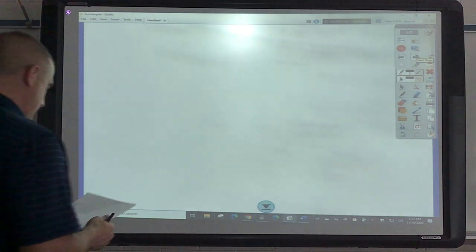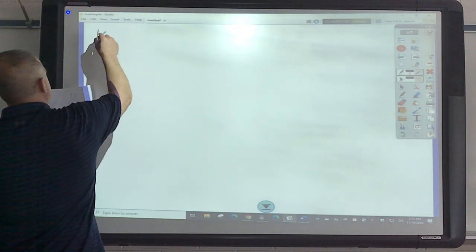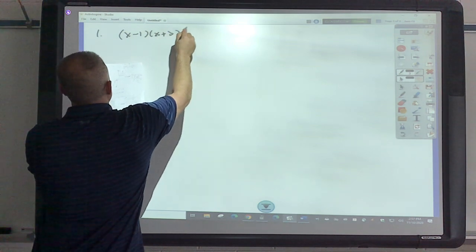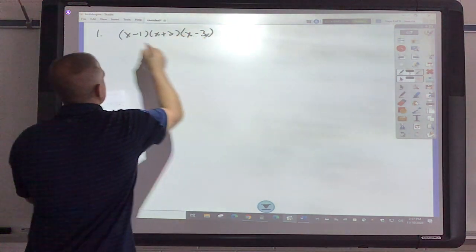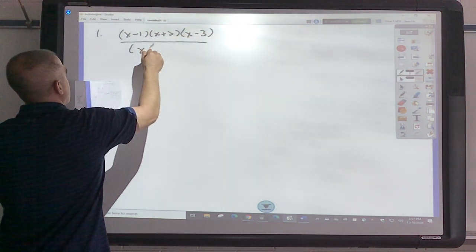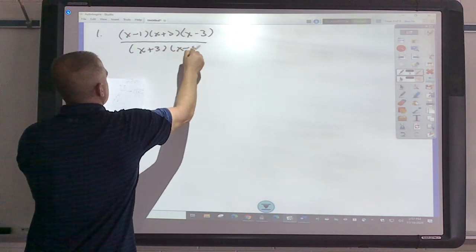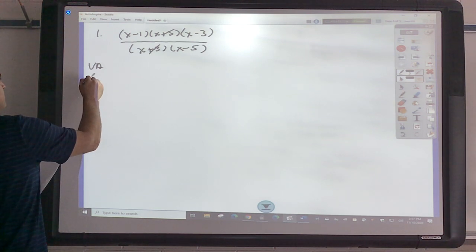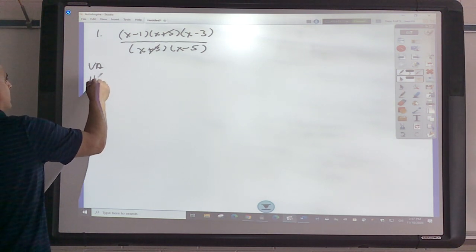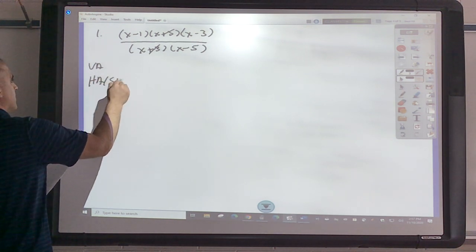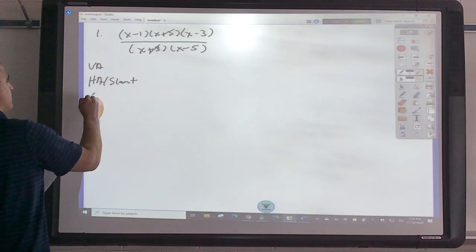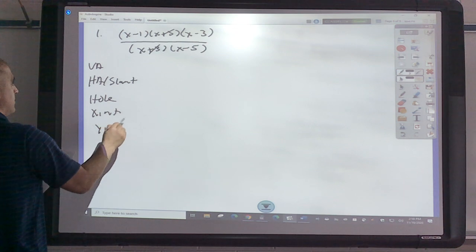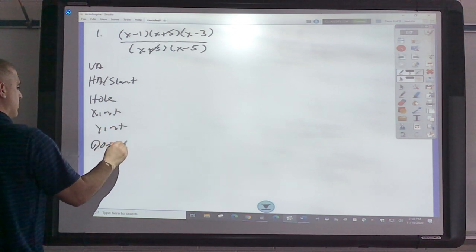Okay, what would happen on that first one is that we'd have an elimination there. Let's put vertical asymptote, horizontal asymptote or slant, hole, x-intercept, y-intercept, domain, range.